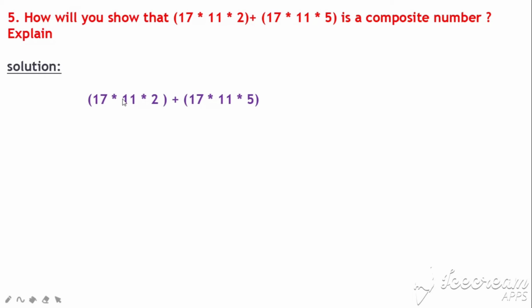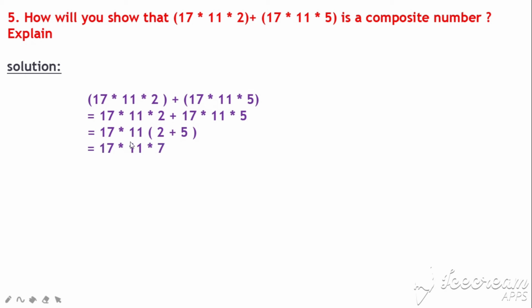I have taken the entire expression which was given in the question, and when you observe it carefully, you can take 17 into 11 as common, because here is a plus sign and these are multiplications. When I take 17 into 11 common, the remaining values are 2 plus 5.